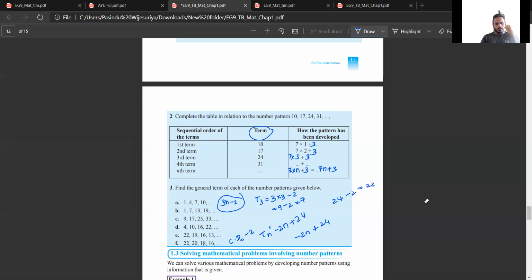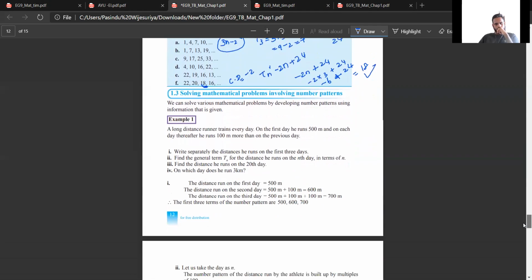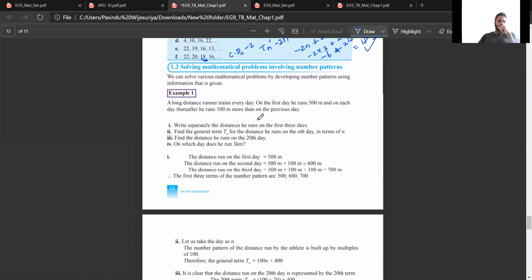Here 18 is the third term. So minus 2 into 3 is minus 6, plus 24. When you subtract 6 from 24, it's 18. Simple as that. It's very simple.